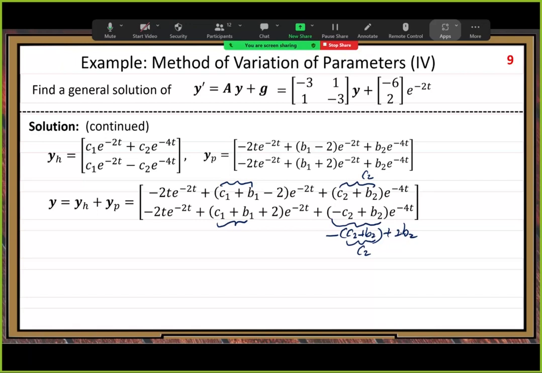You need one 2b, but b is an arbitrary parameter, right? 2b is also arbitrary. The 2 is gone because you don't need that 2, since it can be part of B2.